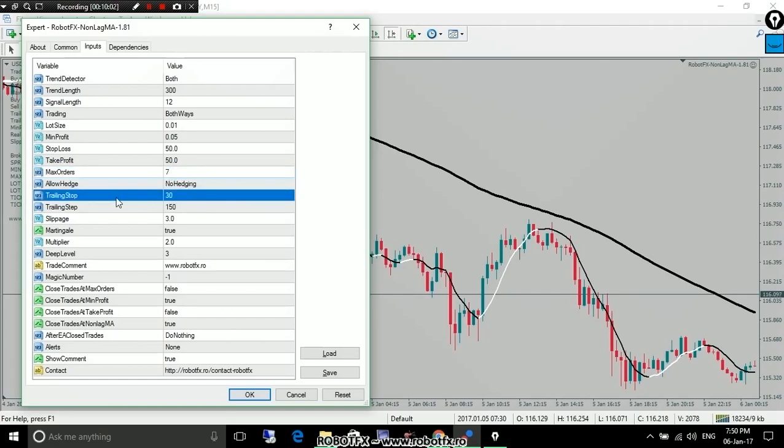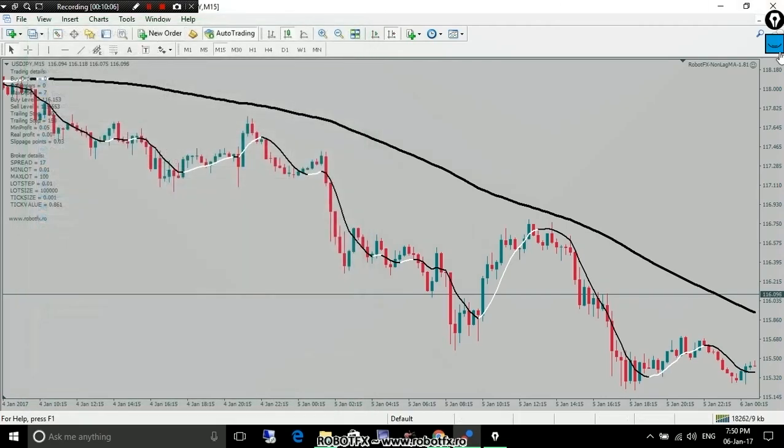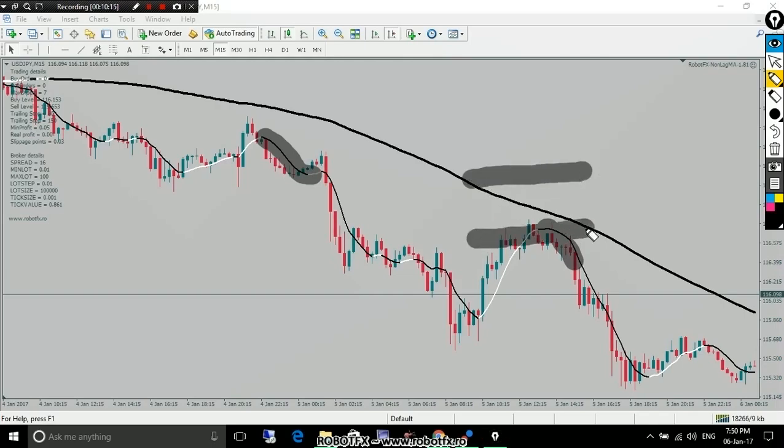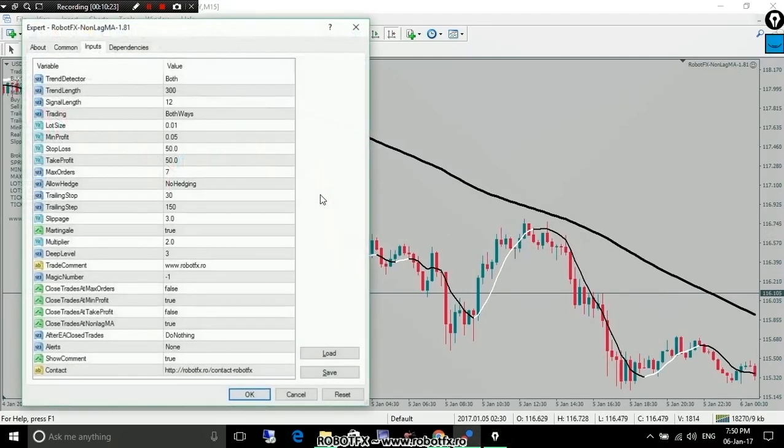Trailing stop, it's also a break even. It means once the price goes in your favor for 30 pips, as it was set, then the expert advisor will place the stop loss, or drag the stop loss, at the entry level, at break even. And then we go to the trailing step.